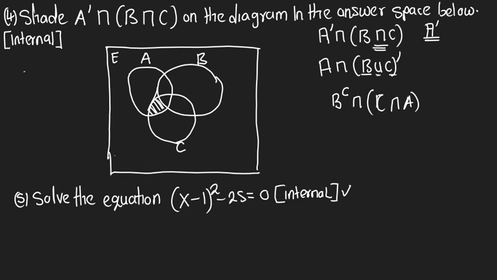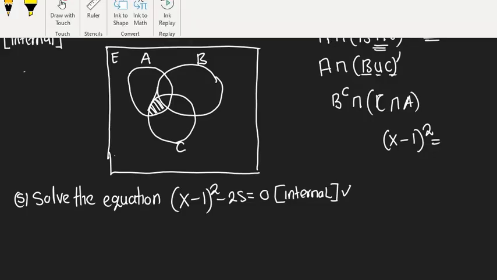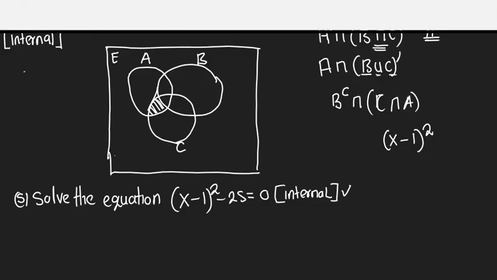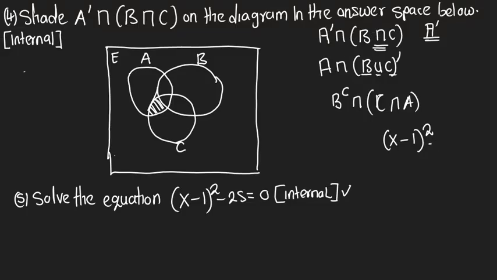So now, how do you solve this? Simple. You have (x minus 1) to the power 2 is equal to 25. Take the constant to the other side of the equal sign.